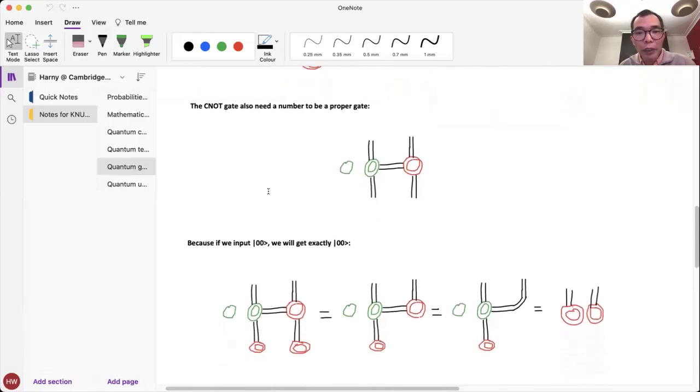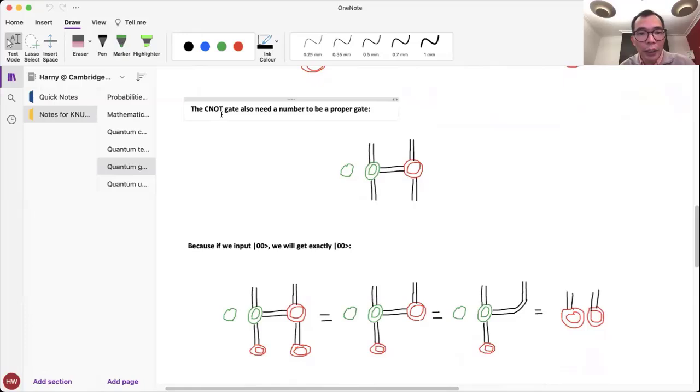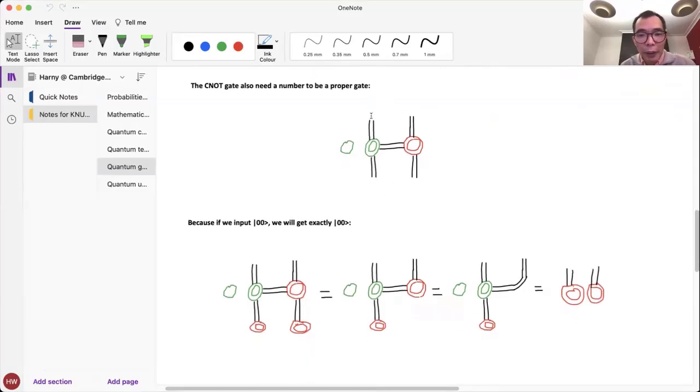If we look at the definition of the CNOT gate, by definition, if you input 0, 0, you will get exactly 0, 0. So let's check whether if we add this, we get exactly the 0, 0 state.